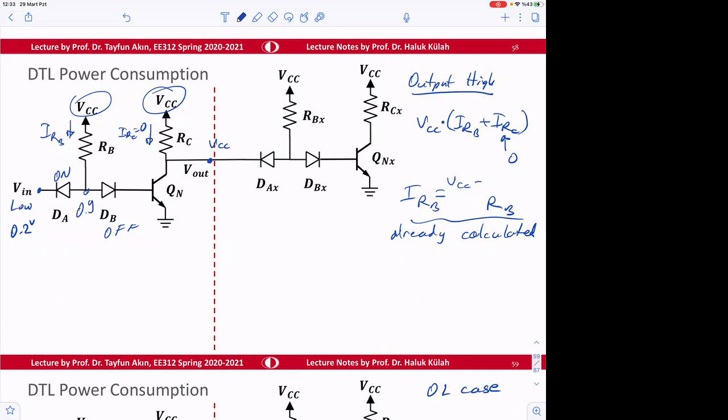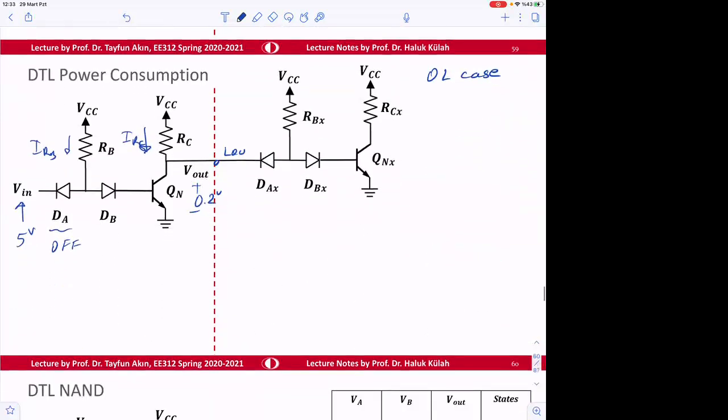So this value would be equal to 0.9. Okay. And here, this will be off. And this will be 0.8. This will be 0.7. And then IRB is going to be 5 minus 0.8 minus 0.7 divided by RB.